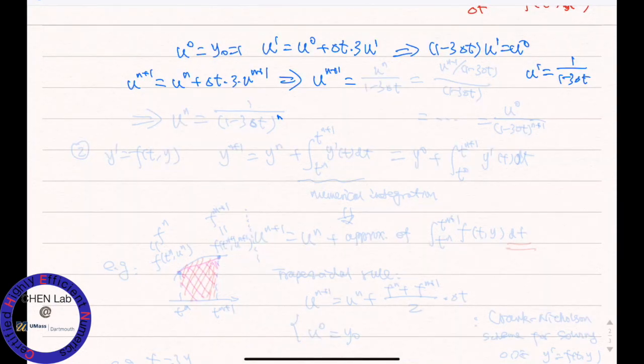Which is u_n over 1 minus 3 delta t. So the next u_n is the previous u_n divided by 1 minus 3 delta t. The very first one, u0, is 1. So u_n is 1 divided by 1 minus 3 delta t to the power of what?